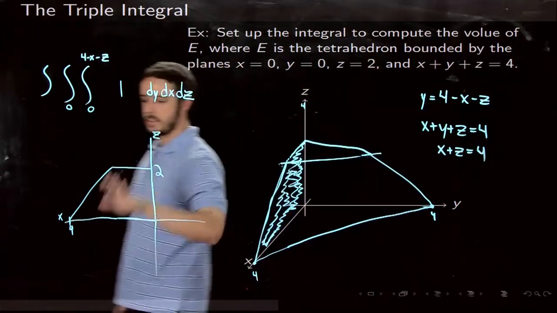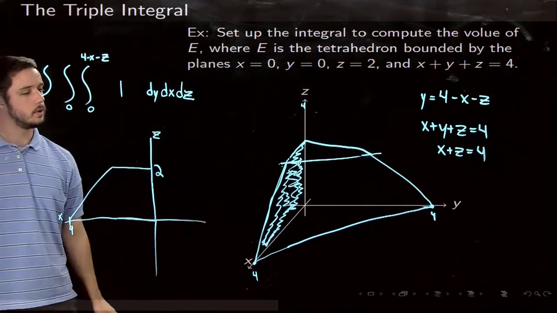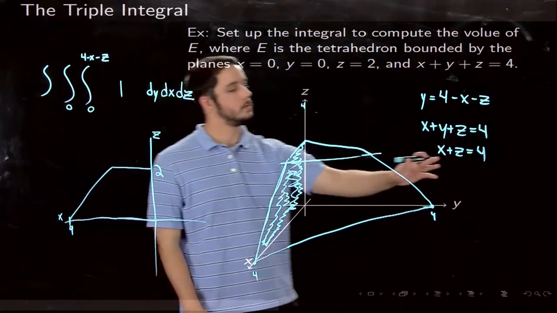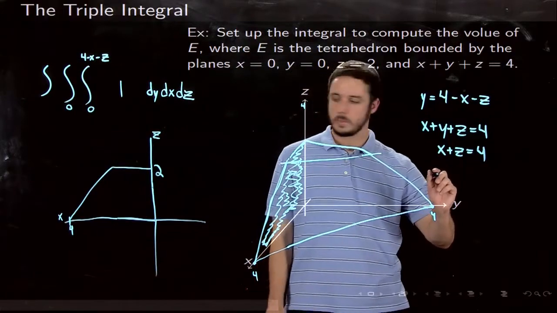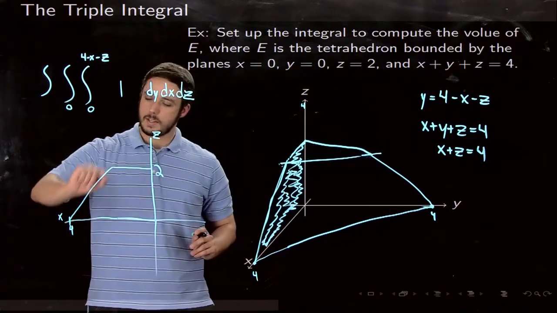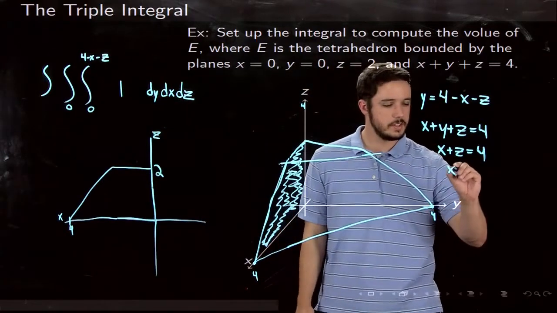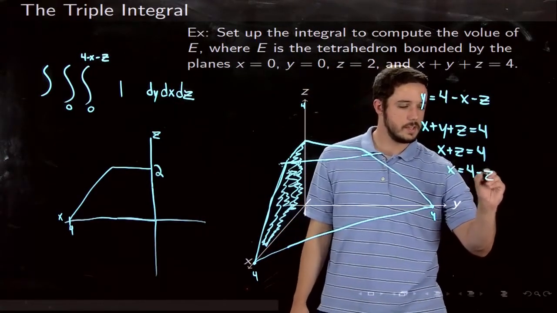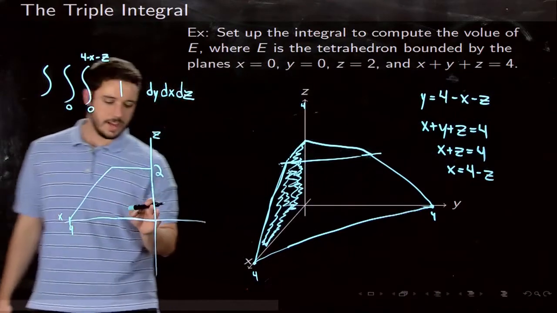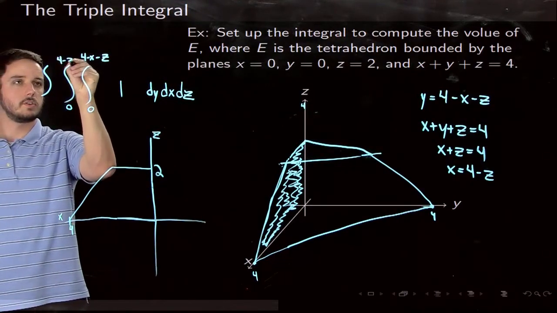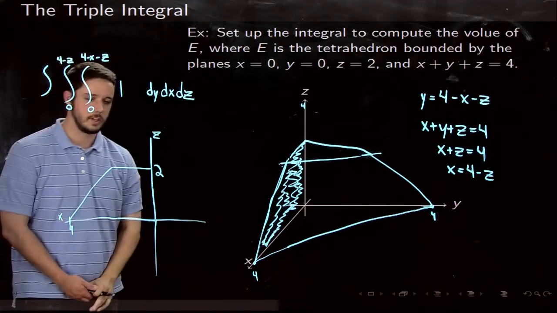That's the equation of this line right here, x plus z equals 4. Or we could look at points in this plane and figure out the equation. But we're going to get the same thing either way. So we want to know what is the x value on this line. Well, using this equation, x is just 4 minus z. So x goes from 0 to 4 minus z. So that's our upper bound for x.